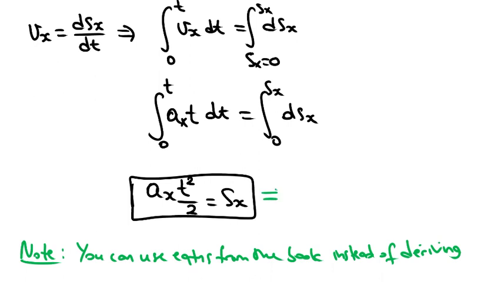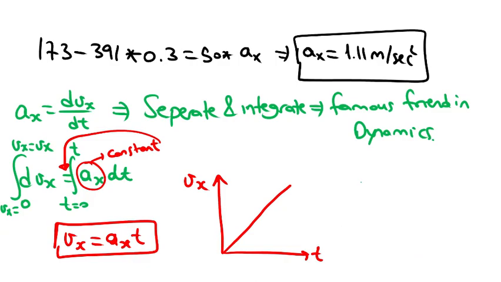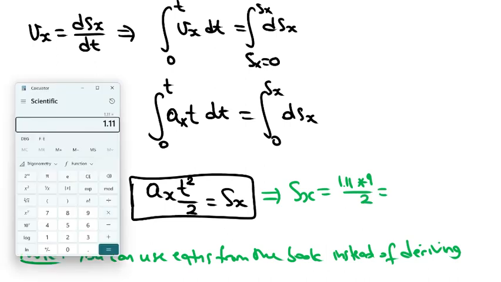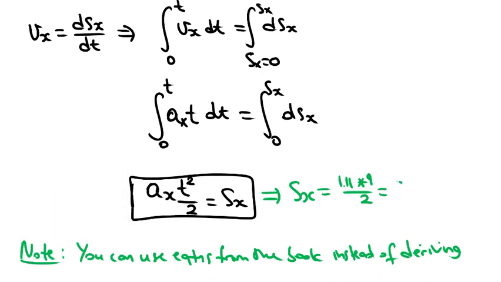From here it follows that sx will be equal to ax, which is 1.11, times the time, given as 3 seconds, squared, divided by 2. That is 1.11 times 9 by 2, which is about 5 meters.